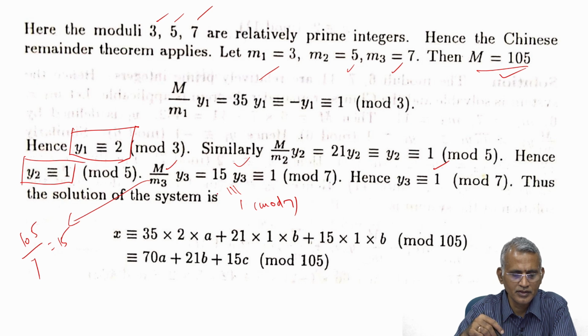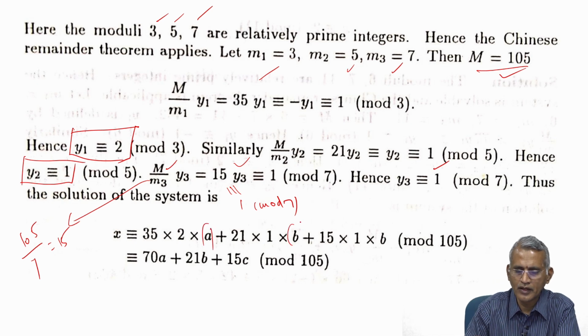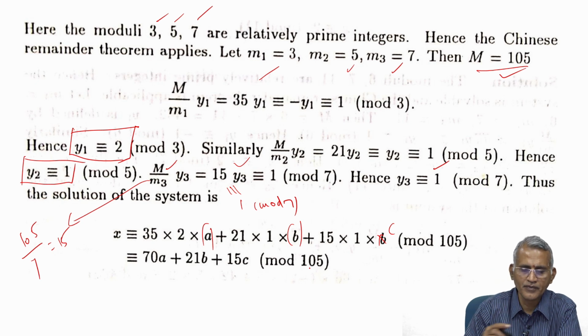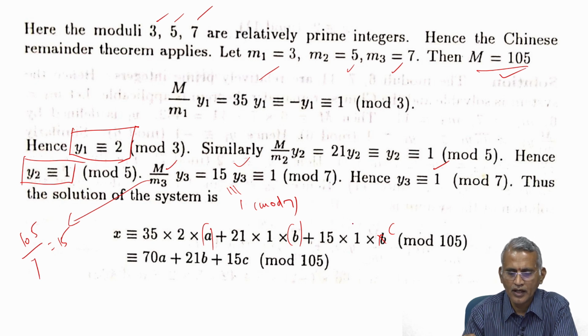Thus, the solution of the system is x identically equal to capital M by M1 into y1 into B1, that is A, and capital M by M2 into y2 into B, we do not know, and then finally C. So, 15 into 1 into C. 15 comes because of capital M by M3 into y3, and the corresponding value is 1, and we do not know the value of C under modulo 105.